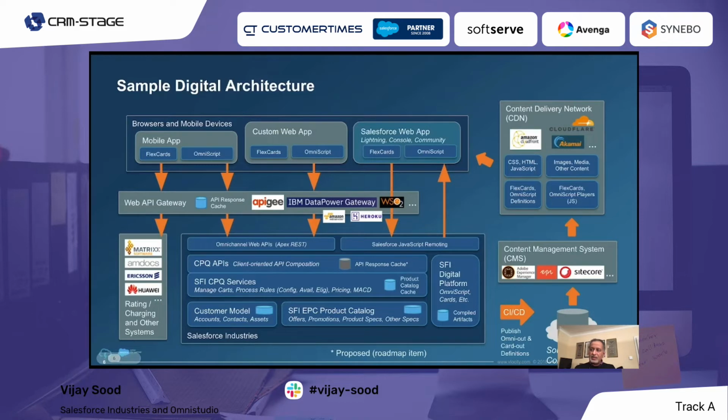Or on the other side, through our CI/CD platform, you can actually render the Omnistudio capabilities in CMS systems. So these are content management systems like Adobe Experience Manager. A number of the clients I worked with have Adobe on the front end. We can create OmniScripts and render them through a technology called OmniOut into non-native Salesforce platforms on the front end.